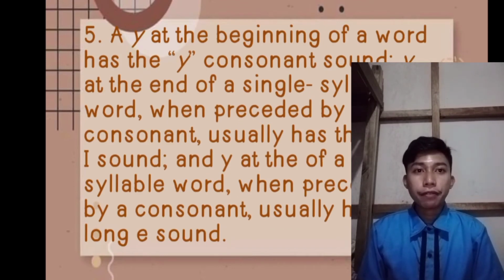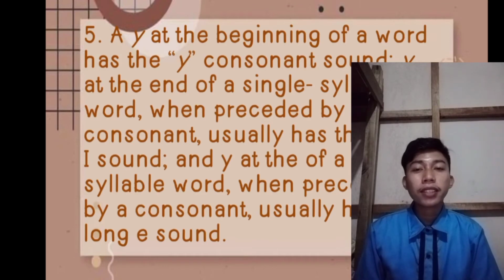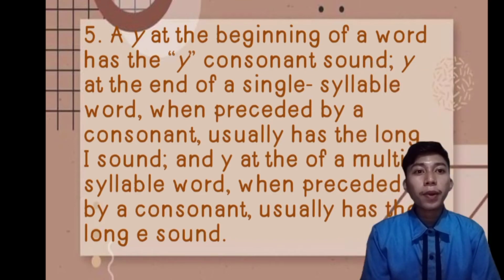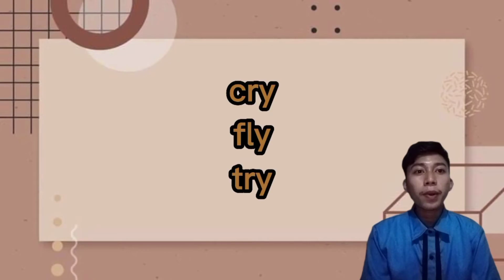Rule number 5. A Y at the beginning of the word has the Y consonant sound. Y at the end of a single syllable word, when preceded by a consonant, usually has the long I sound. For example, cry, fly, try.